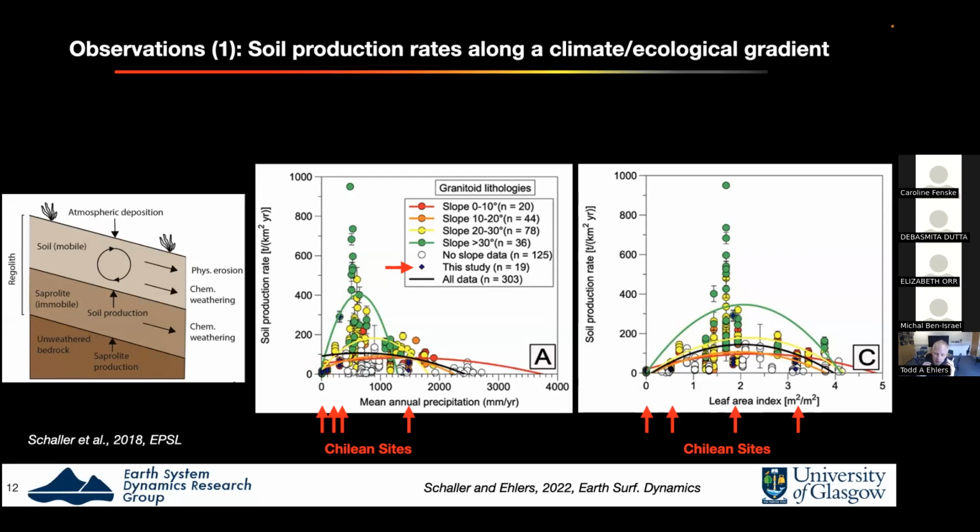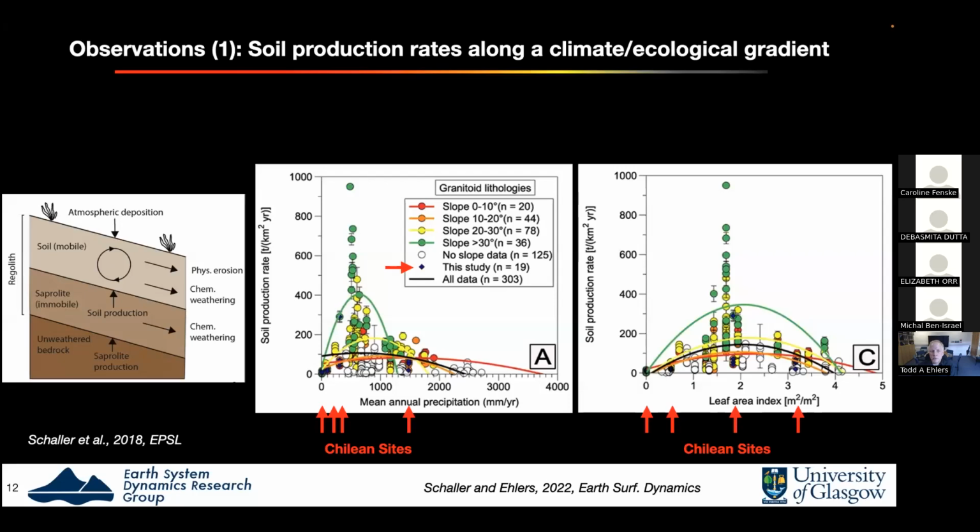And the ecosystem is in a nutrient acquisition mode. So you have a lot of active biogenic weathering that's leading to the breakdown of rock and increased soil production rates. However, eventually you start building really thick soils as you move into these wetter climates.